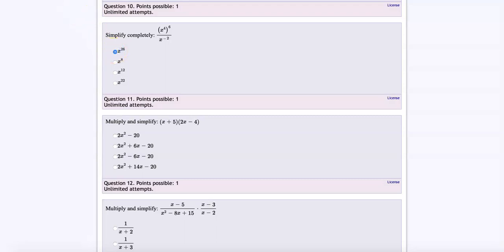Next we have a FOIL problem. This is first, outer, inner, last, pretty straightforward. So first, x times 2x is 2x squared. Outer, x times negative 4 is, sorry, that's not supposed to be an equal sign, that's just supposed to be a negative sign. All right, negative 4x.